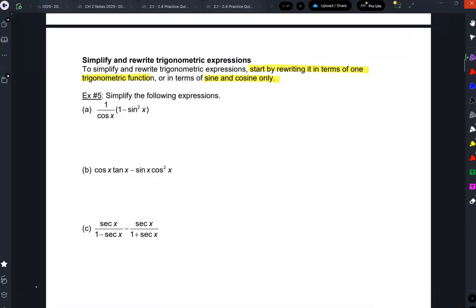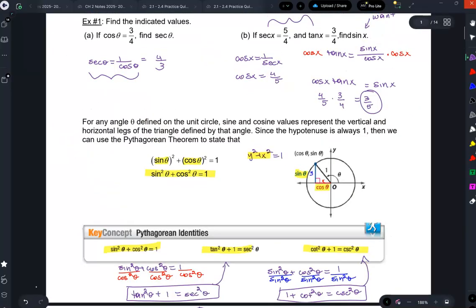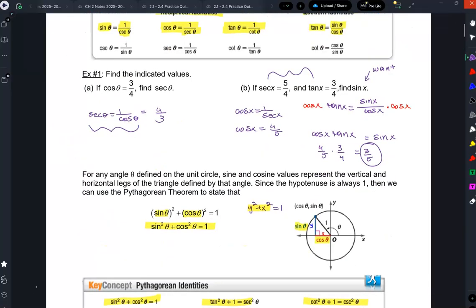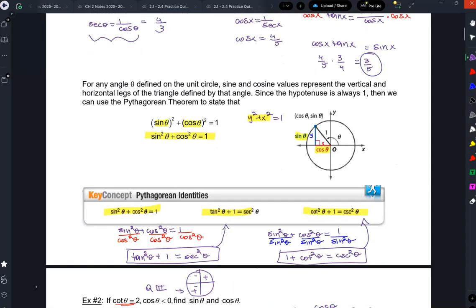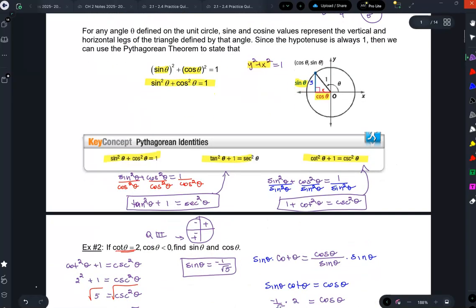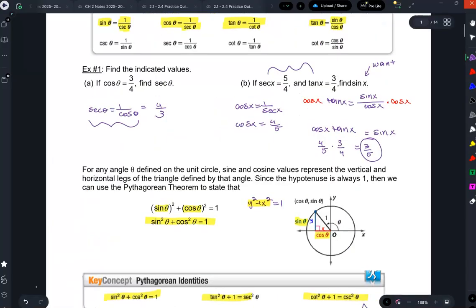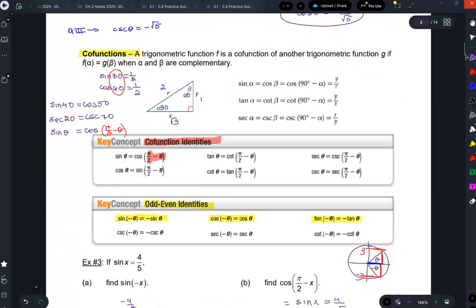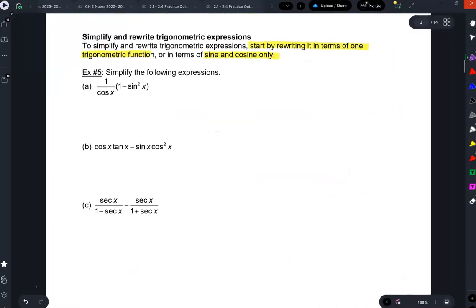To do these, you have to use the identities that we've gone over, right? Now, in each lesson, we're going to add to these identities, so you're going to have more to choose from. Right now, we have all of these. So, you have 1 over cosine here, which we can't do much about. Cosine is preferable to secant.